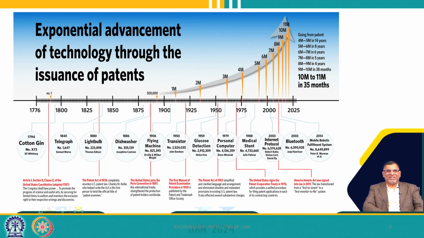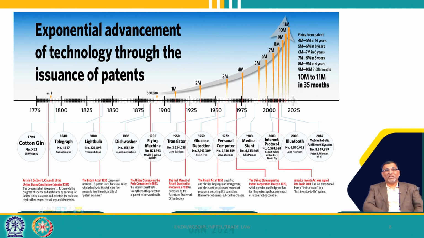Starting from 1776, it has reached the level of millions, and it is going to be 10 to 11 million in the coming years.